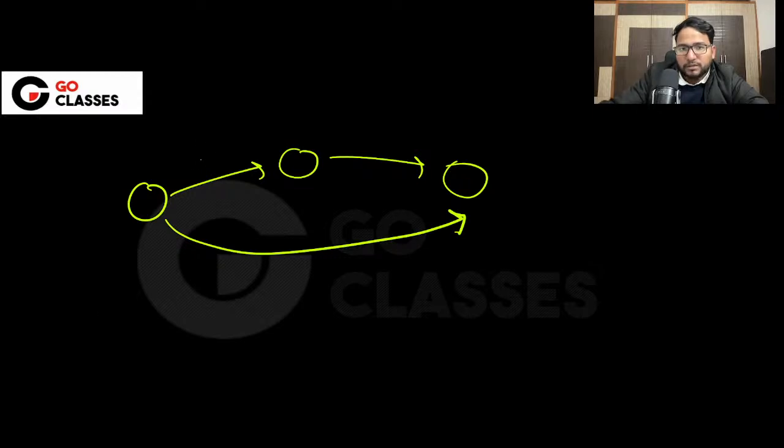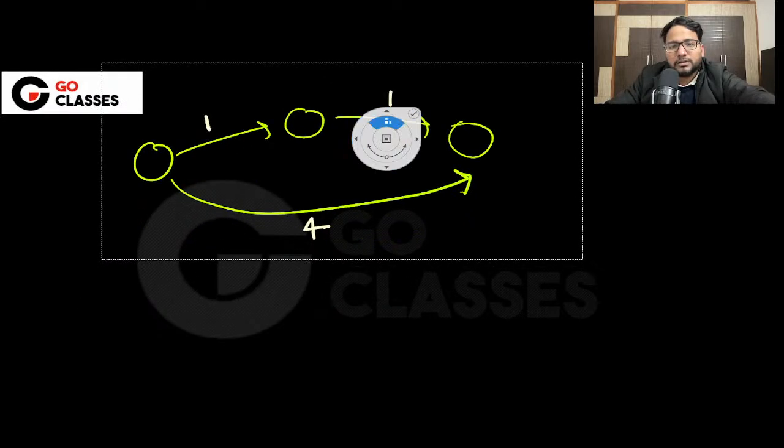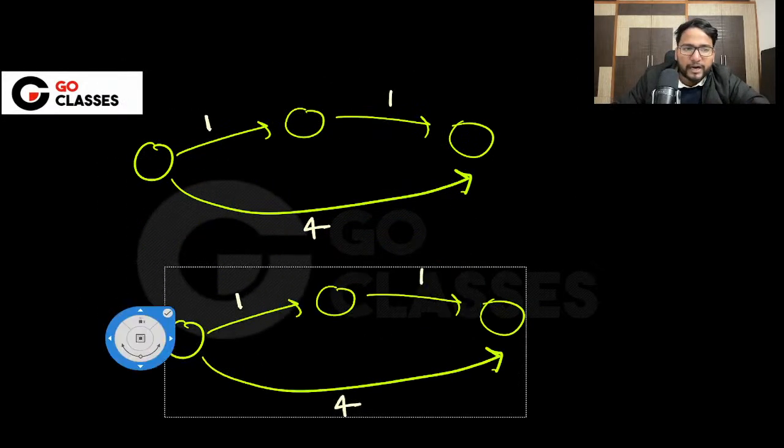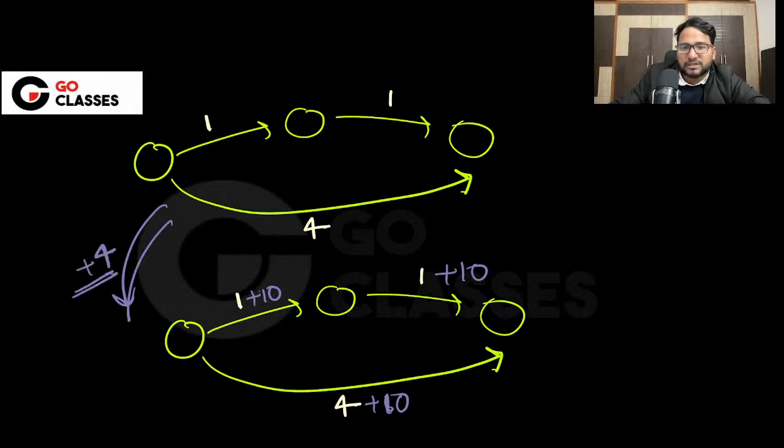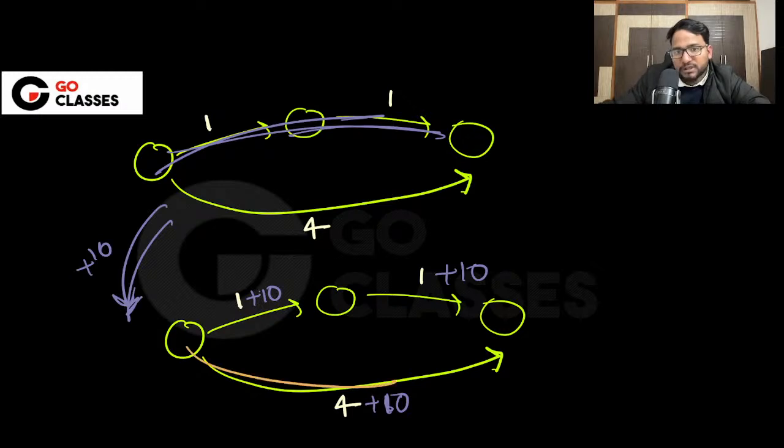Let's suppose this is 1, this was 4. Currently the shortest path is this one, but if you add 5, or 6, or 10 everywhere, what is the shortest path now? In general the shortest path may change after adding. Earlier this was the shortest path, but now this is 14, which is the shortest path.